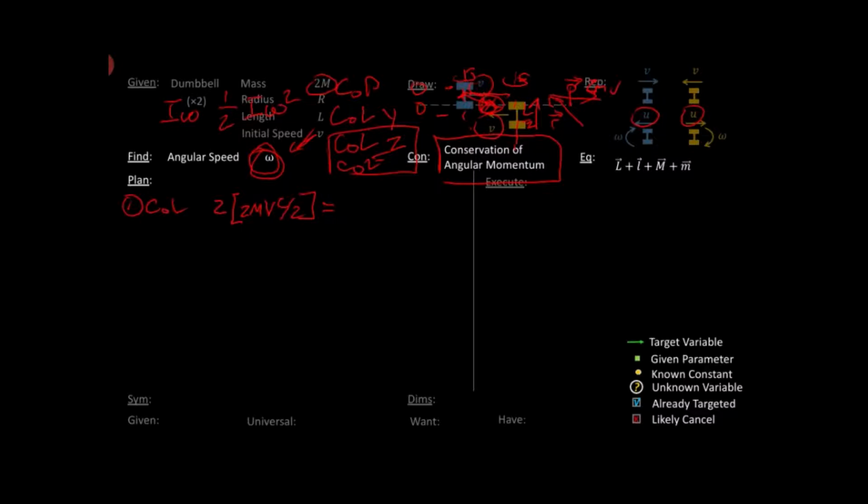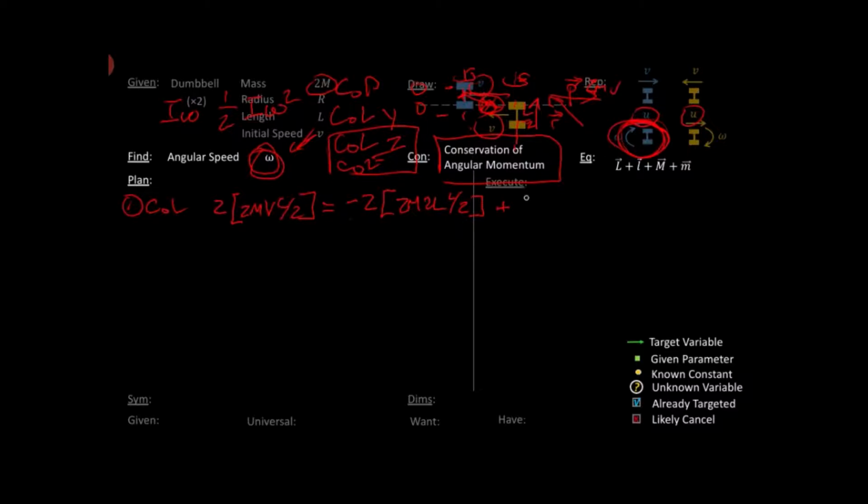In the final, what happens? Well, these guys reverse course and they go in the opposite direction. So we have minus 2mu this time, L over 2, plus we have the spinny part going around. That has to be positive because this is negative.